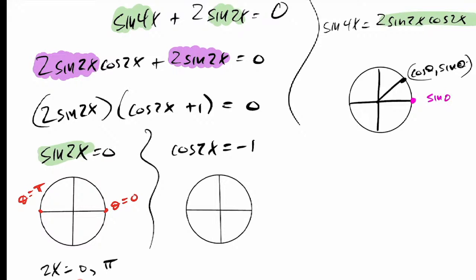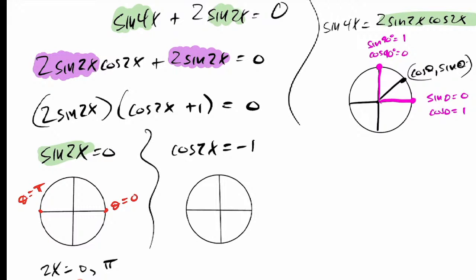Right, Wahab? The sine of 0 degrees is 0. Cos of 0 degrees is 1. Remember this? And then here, the sine of 90 degrees is 1. Yeah, it's okay. Cos of 90 degrees is 0.